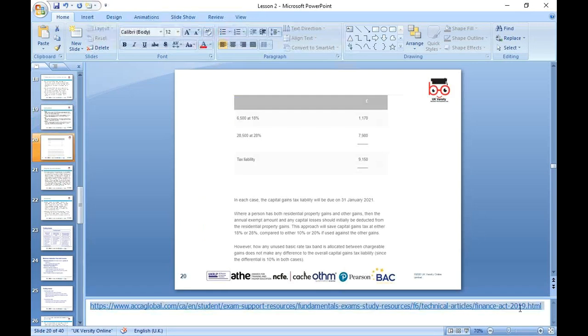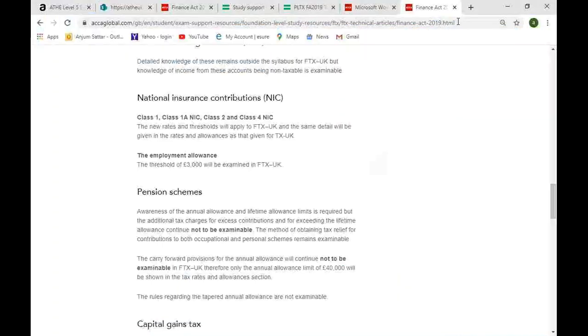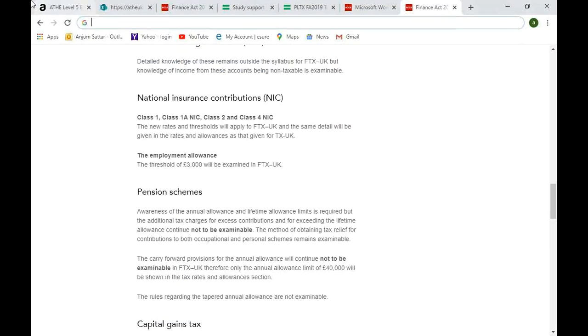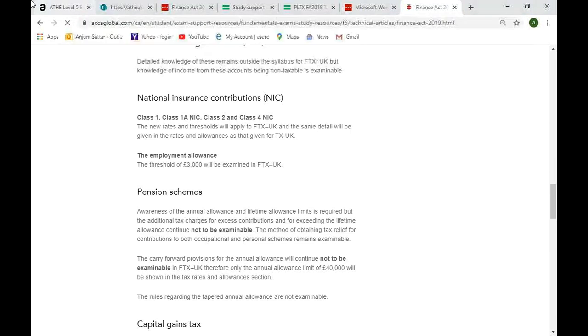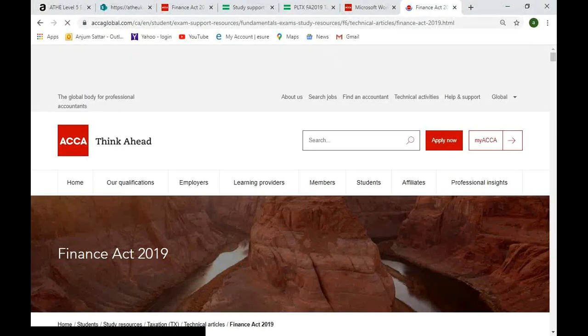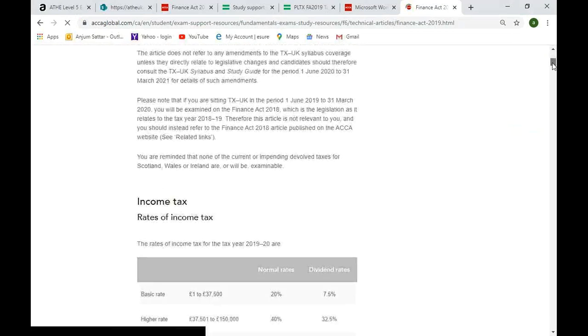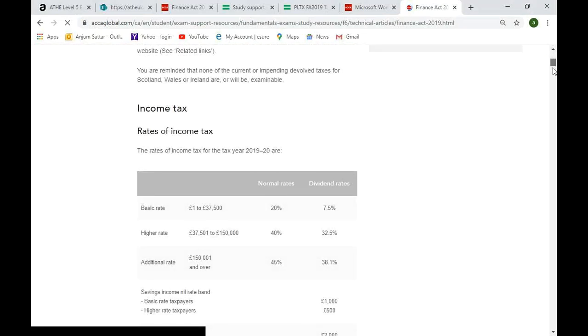So we can copy this link to look further, because within our time it is very difficult to go through all the bits and pieces. Even if we do one example, we can meet the criteria, but to enhance our understanding, we can copy the link, and this is all about capital gain tax.